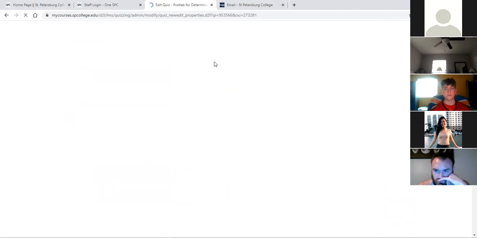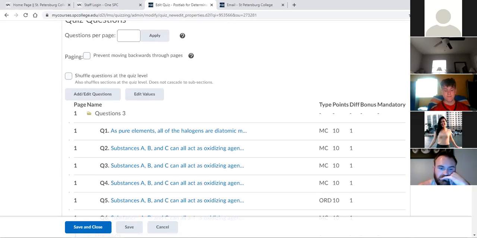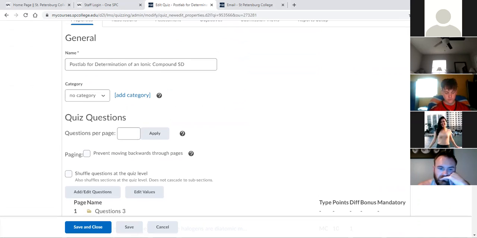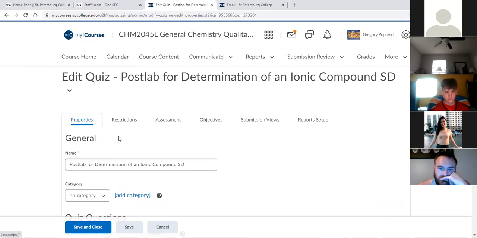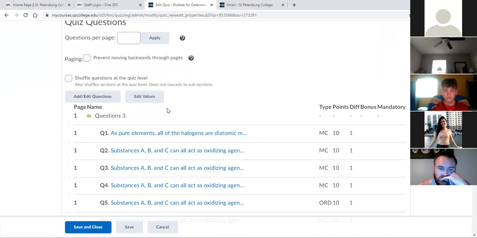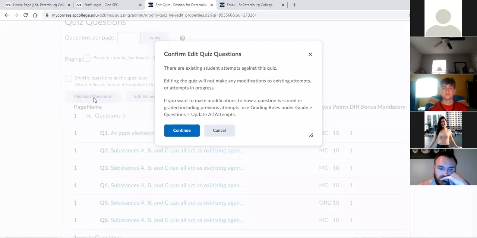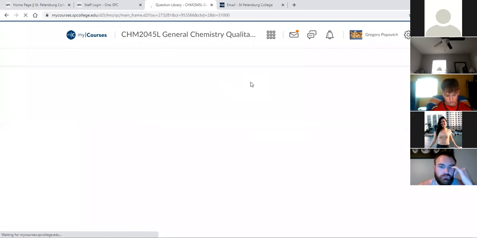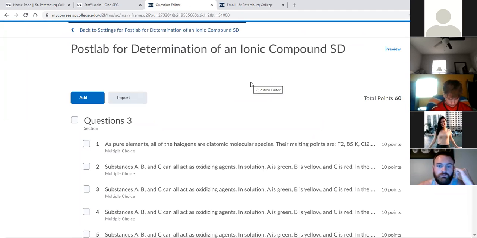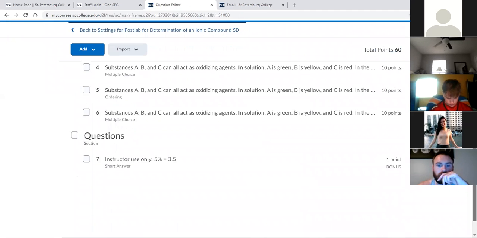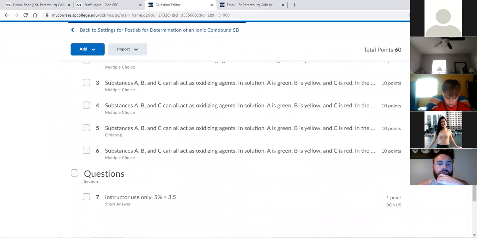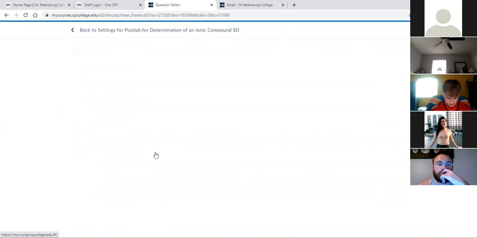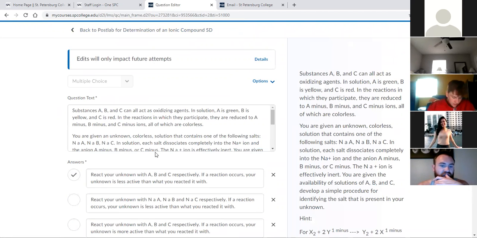You're given the unknown colorless solution that contains one of the following salts, NaA, NaB, or NaC. In the solution, each salt dissociates completely into Na+ ion. One second, Faye. Substance A, B, and C can all act as oxidizing agents. Is that the one?